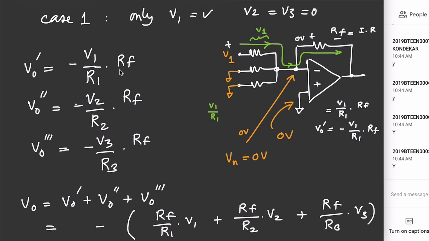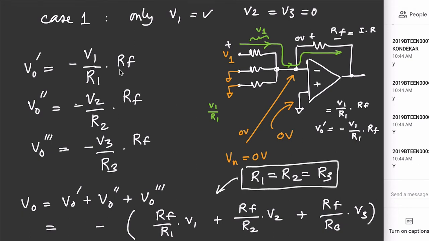Now consider all resistors equal, that is R1 is equal to R2 is equal to R3, and then update this formula. Find out what you get.